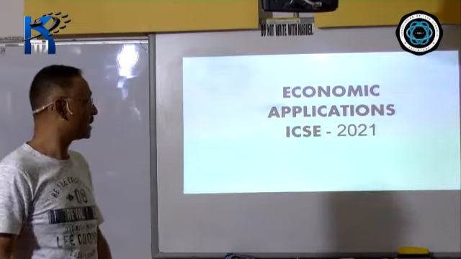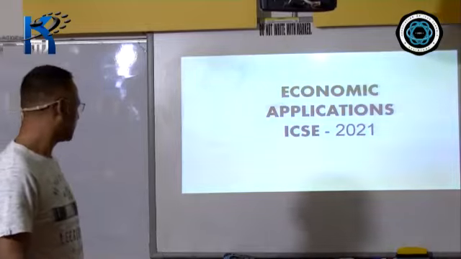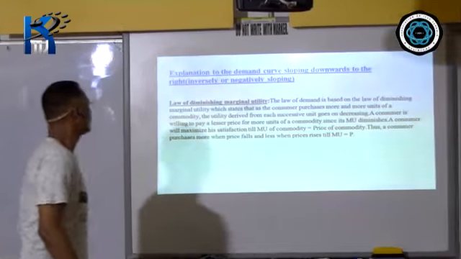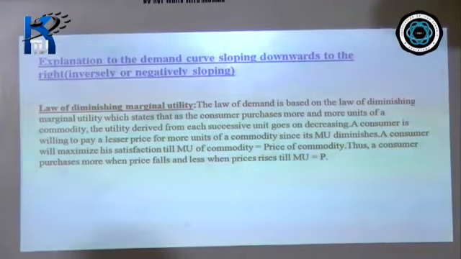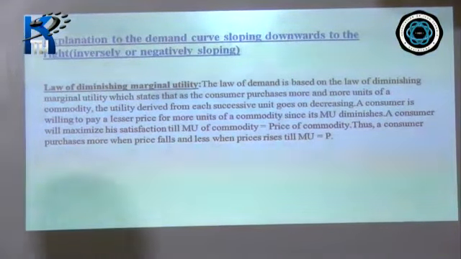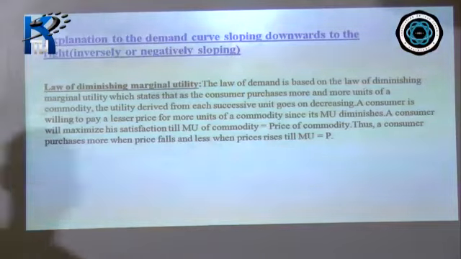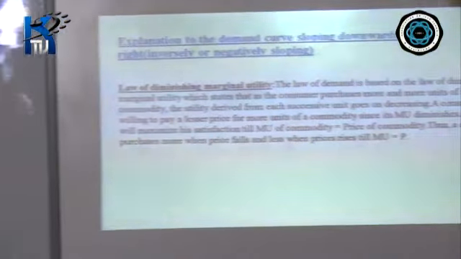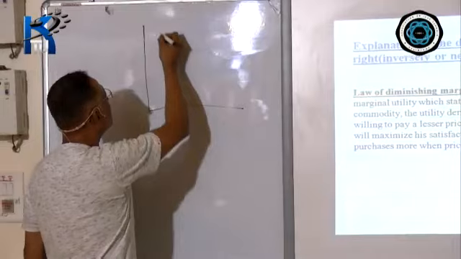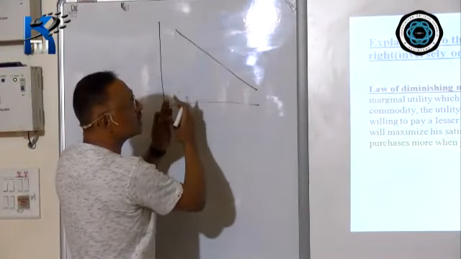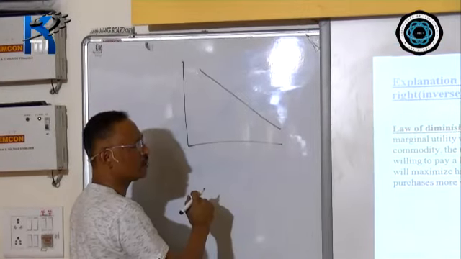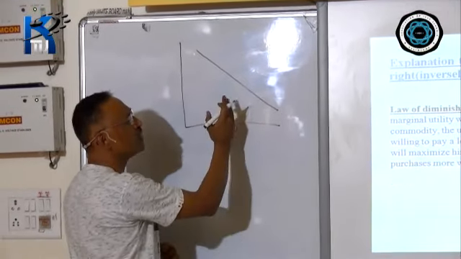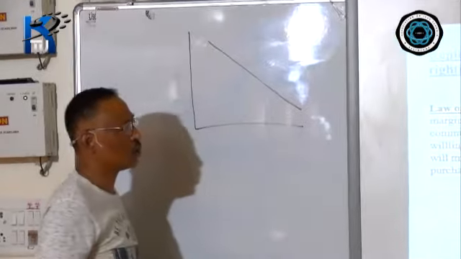In the last class, I wanted to start with why the demand curve slopes downwards towards the right. Downwards towards the right means the demand curve is negative sloping, or inversely proportional.